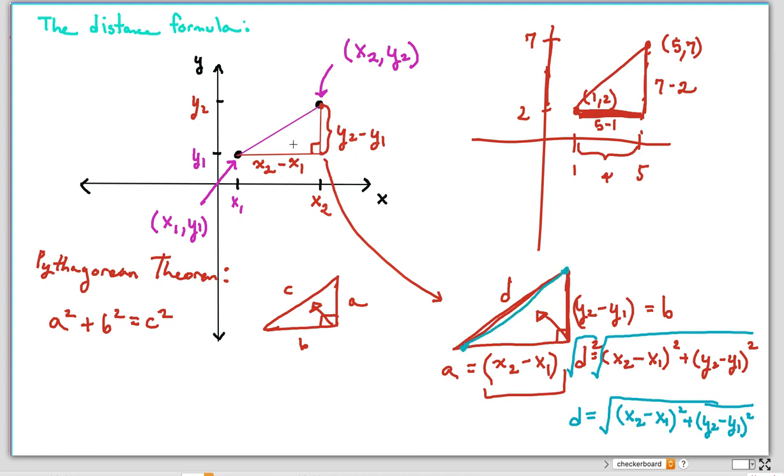I pulled out this triangle, which is the same as this one, so this length right here is given by this formula. And again, these were any two points, so this formula will work for finding the distance between any two points.